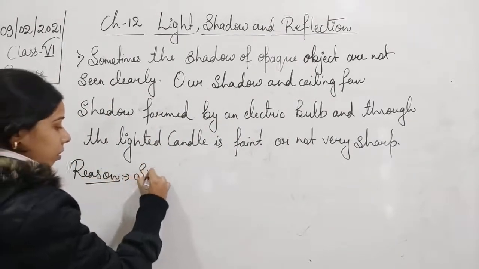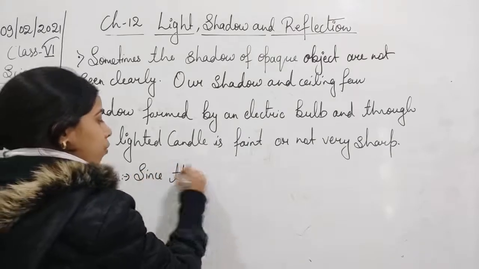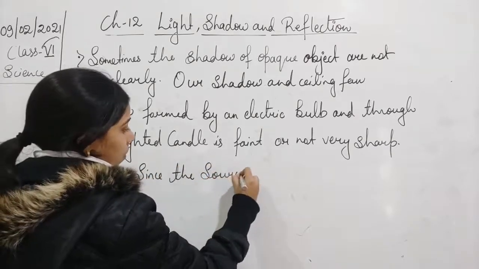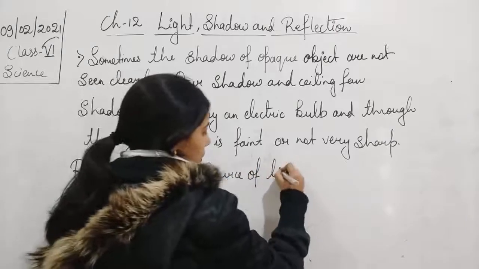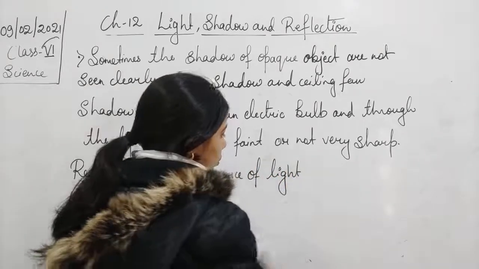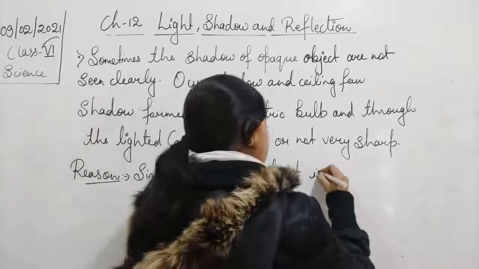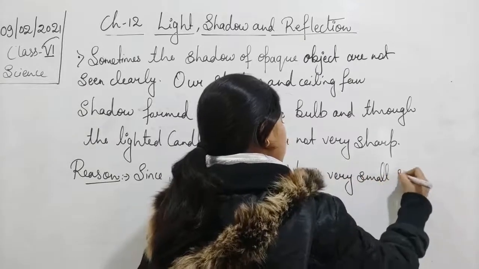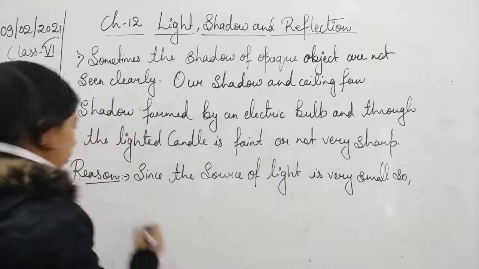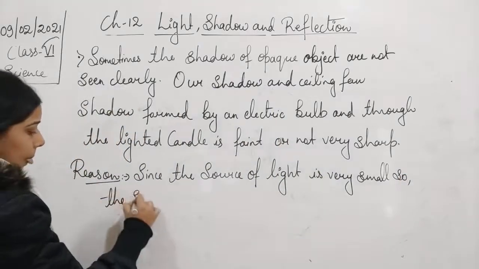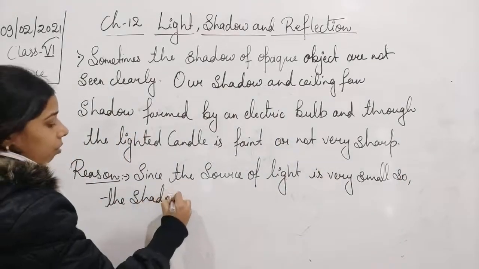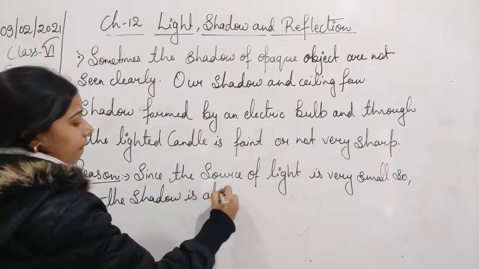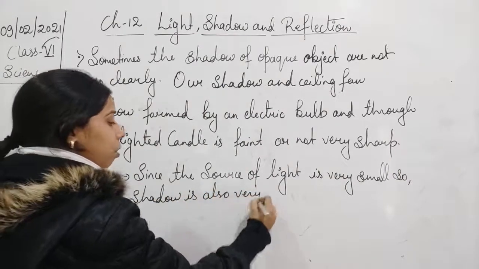Since the source of light is very small, so the shadow is also very small.